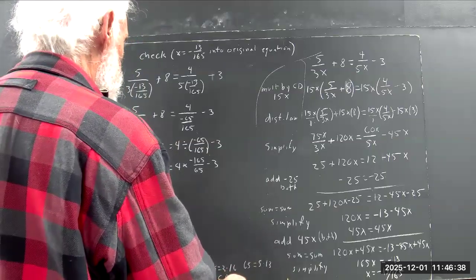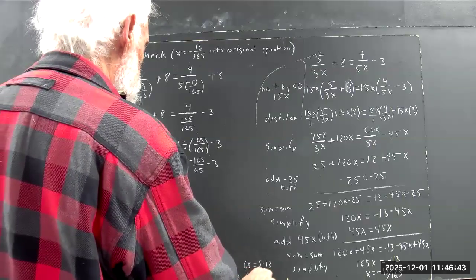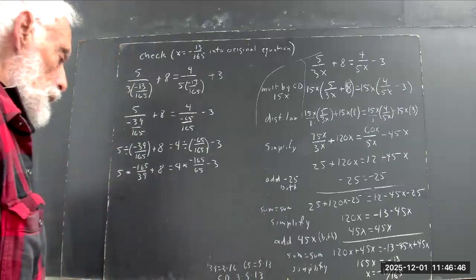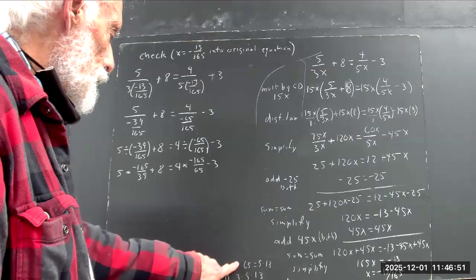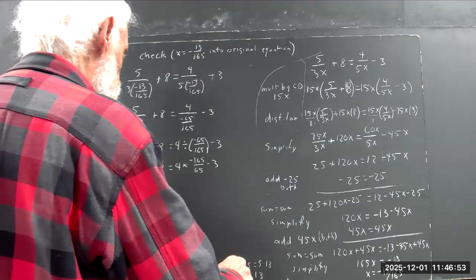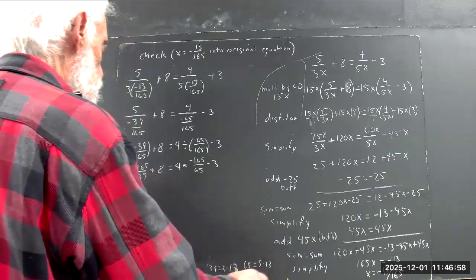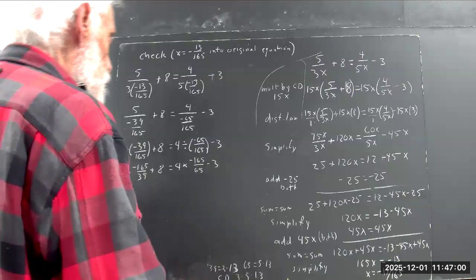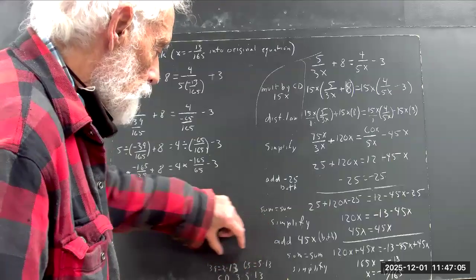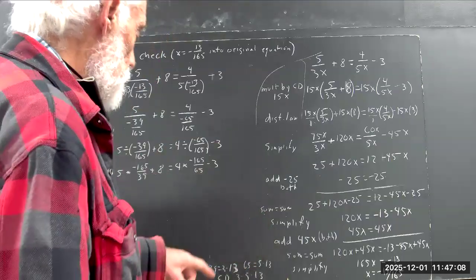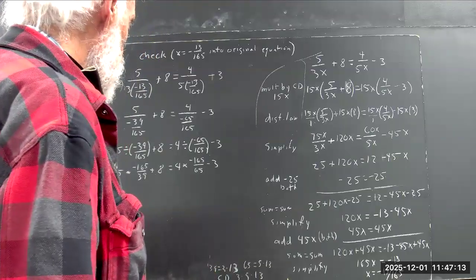Common denominator would be 3 times 5 times 13, because the common denominator includes the 3. I don't know why I wrote 16. I'm pretty sure I said 13. And it contains the 13. It also contains the 5 and the 13 from 65. Okay? So that 3 times 5 times 13 is your common denominator.